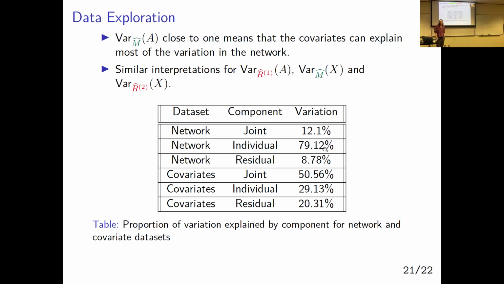Then most of the information in the network is unique to the network, but it does share a little bit of overlap with the covariates. If you saw something that was 100% for the joint, maybe it would be a waste of resources to use both.